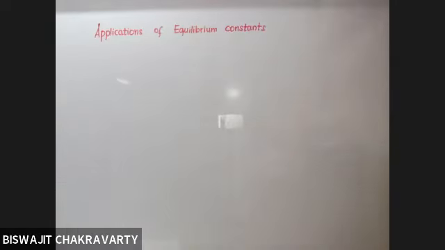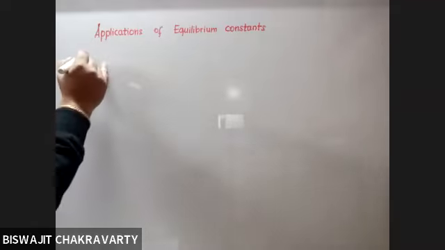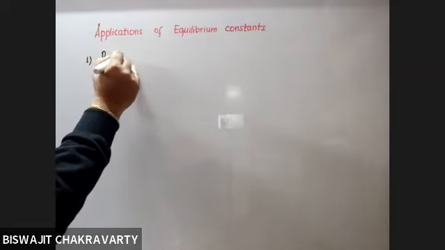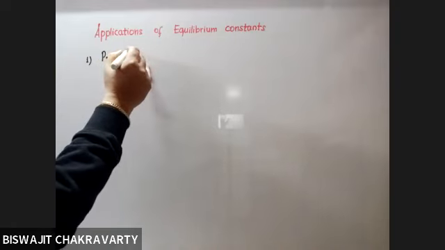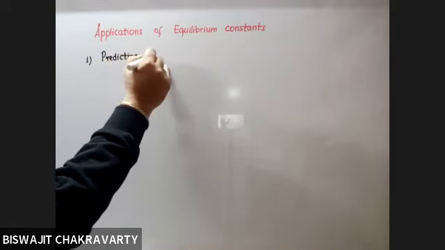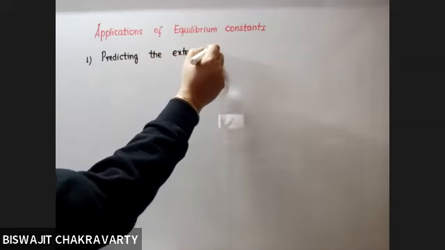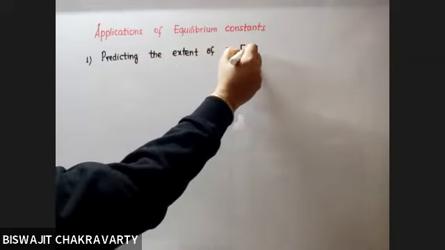There are two important applications of equilibrium constant. The first important application is predicting the extent of a reaction.